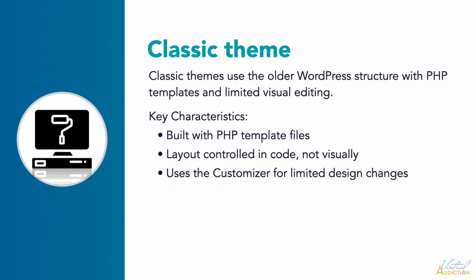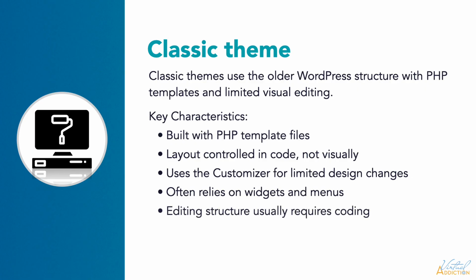Classic themes often depend on widgets and menus. Structural edits usually require coding. What you can edit is visually limited to basic settings like colors and logos, and widgets in predefined areas. Think of it like this: you're working with a fixed layout and making adjustments rather than fully designing everything visually.